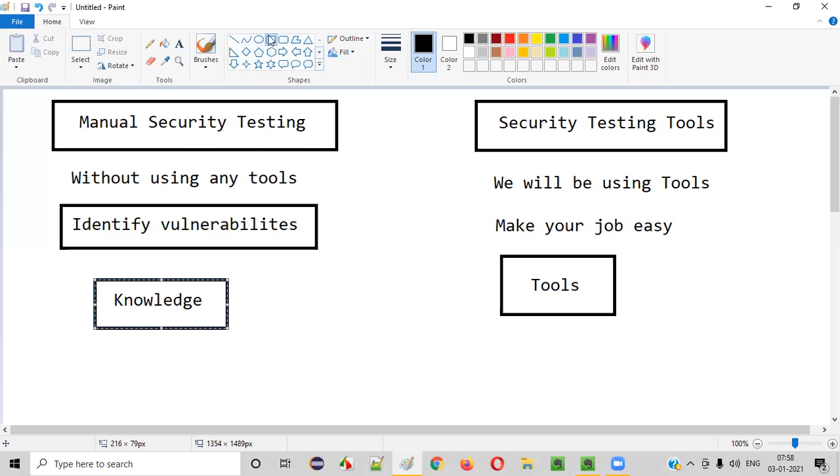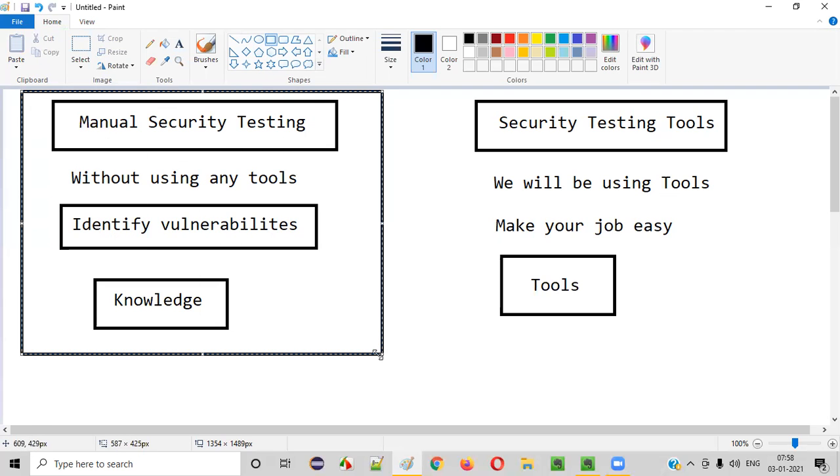Later, once you are good with the practice of manual security testing, where you are able to do it on your own, with the level of knowledge in applying all the techniques in identifying the vulnerabilities, then we can go with the tools. So first, we have to learn manual security testing by increasing our knowledge in identifying the different security loopholes or vulnerabilities in the application.